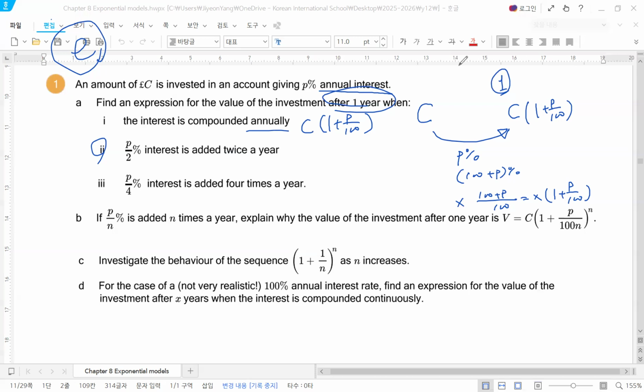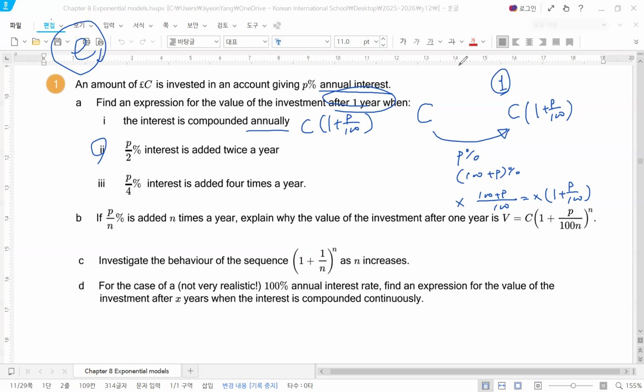So let's calculate it. Since this is the increase percent, so 100 plus P over 2. Do you understand? Percent. Therefore, the multiplier, you should divide it by just 100. Let's just imagine that, guys, 20%, if we divide into 2, it's going to be 10%, right?